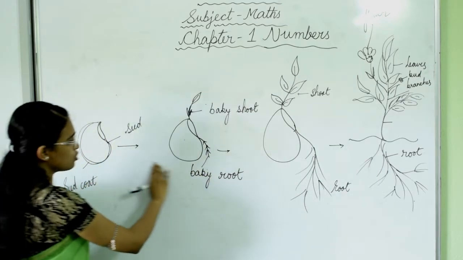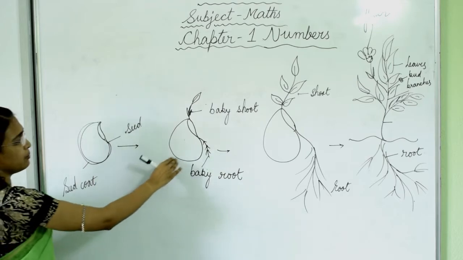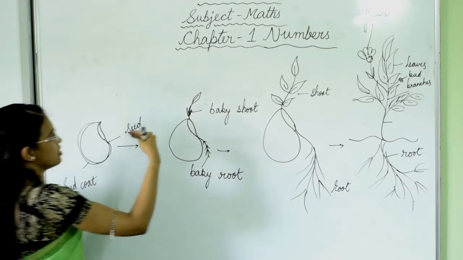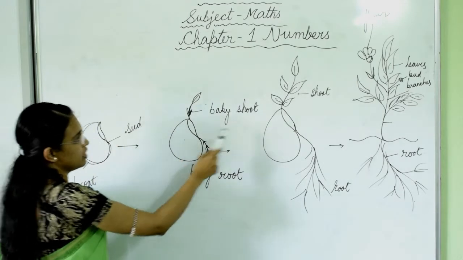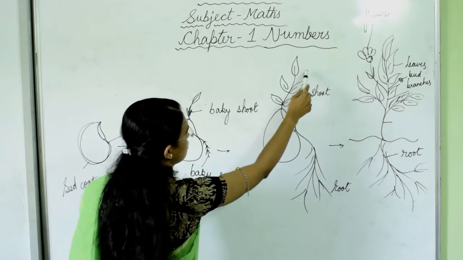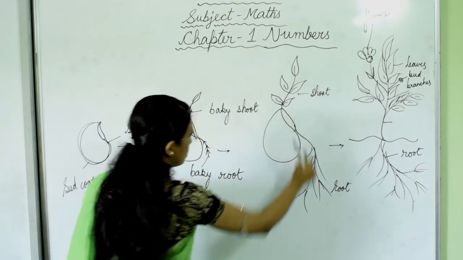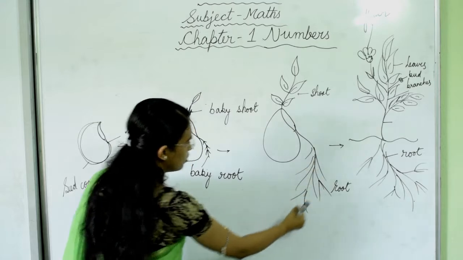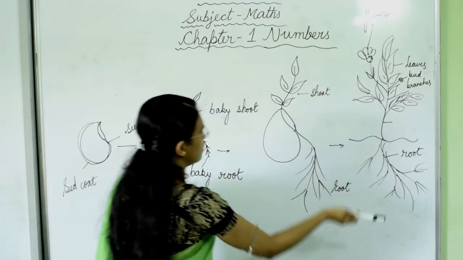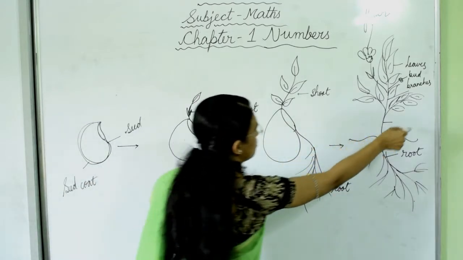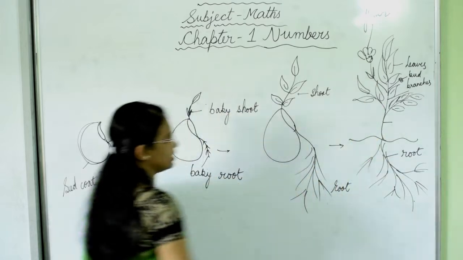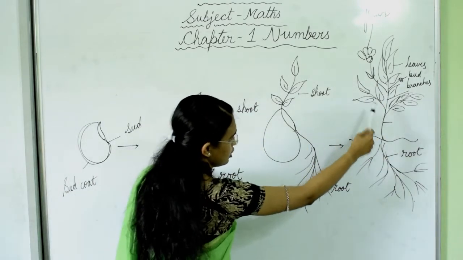Now slowly the plant is growing from the seed. Now after this this shoot becomes a little more big and this root becomes also a little more big, and after some time it becomes a plant.